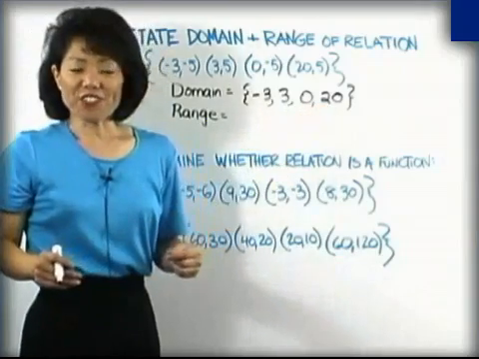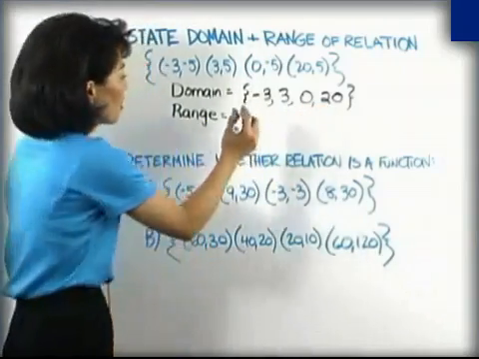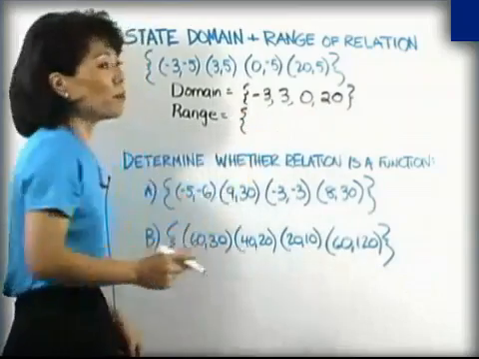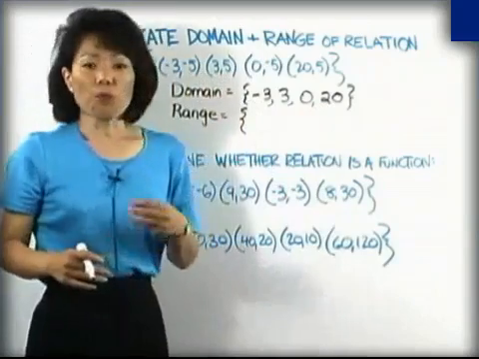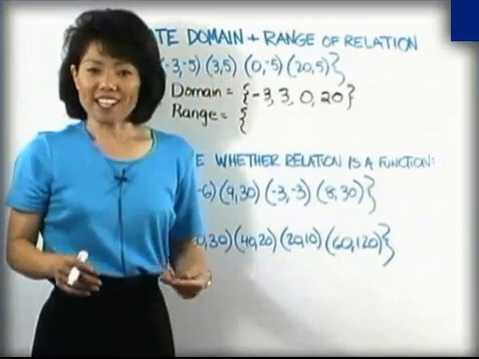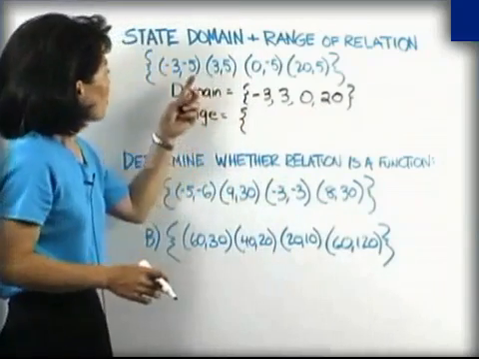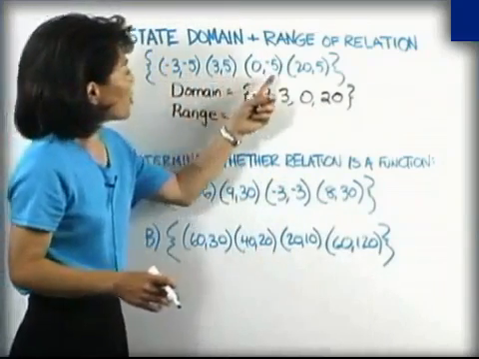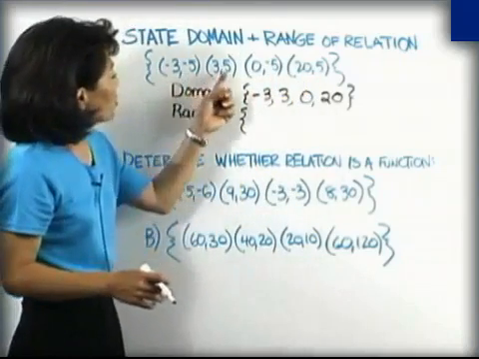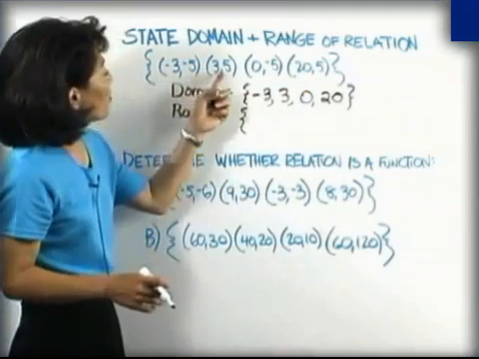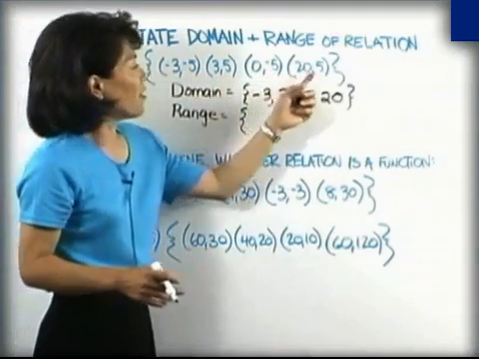Now let's try to find the range of the same relation. The range, remember, is the second coordinate or the y coordinate or the second component. So let's look at the second components or entries in each of our ordered pairs, and we see that the only two different ones we have are -5 and 5.